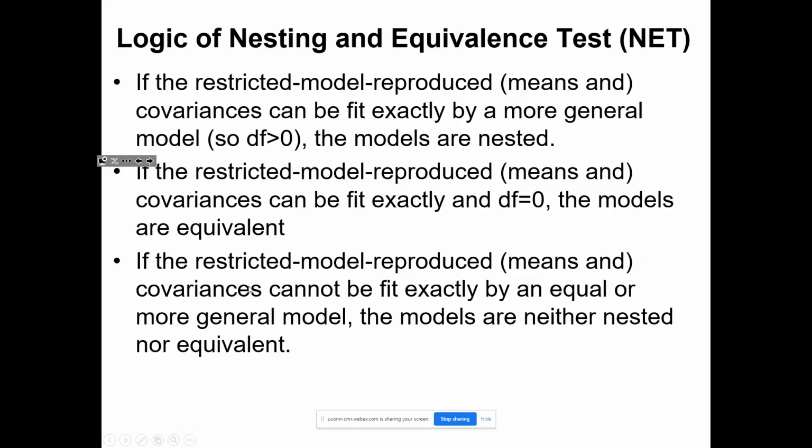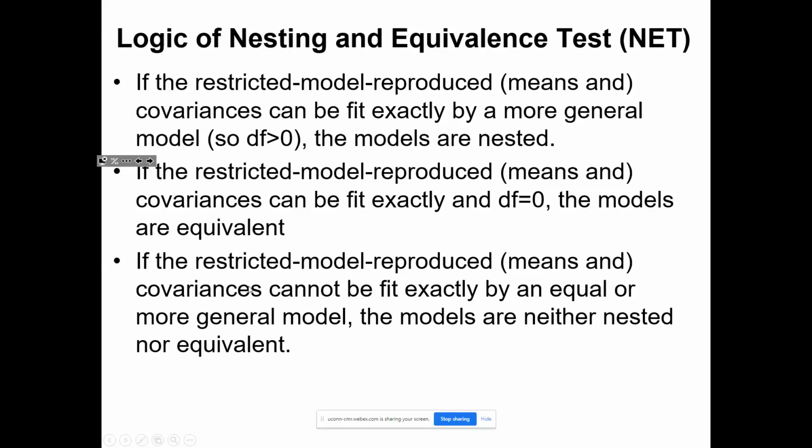Oh, no, you know that part. Because remember, you're testing for equivalence if the models have the same number of parameters, so they have the same number of degrees of freedom. So you always know whether you're looking for nesting or equivalence based on the number of degrees of freedom in the two models. If the two models you're comparing have the same degrees of freedom, then you're testing for equivalence. If they do not have the same degrees of freedom, then you're looking at nesting.